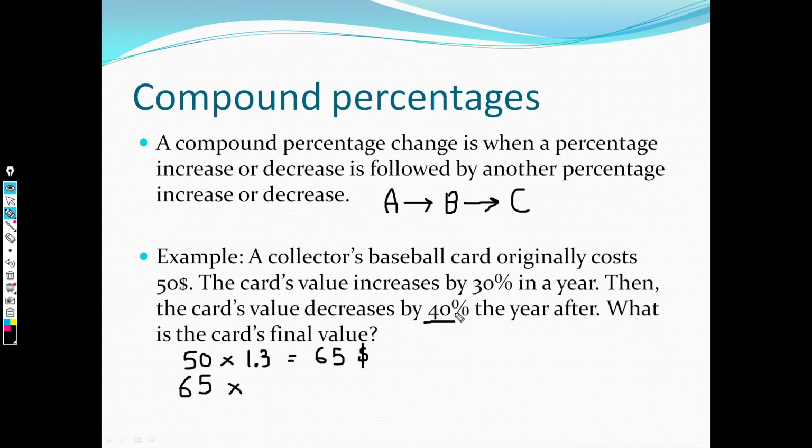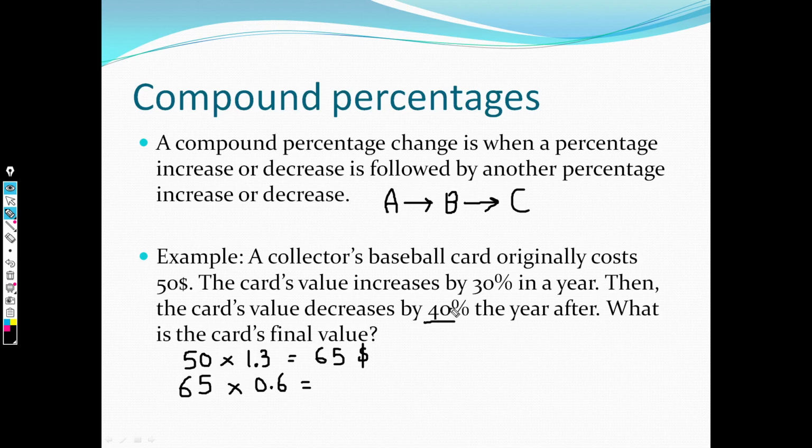And therefore, if I think about it in terms of percentage, the percentage that still remains is 60%. So that means I have to take 65 and figure out what is 60% of it. That means I have to multiply it by 0.6.